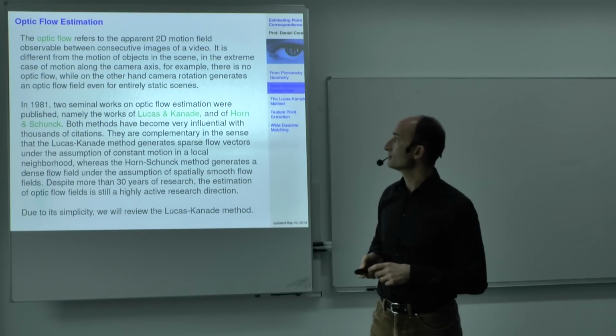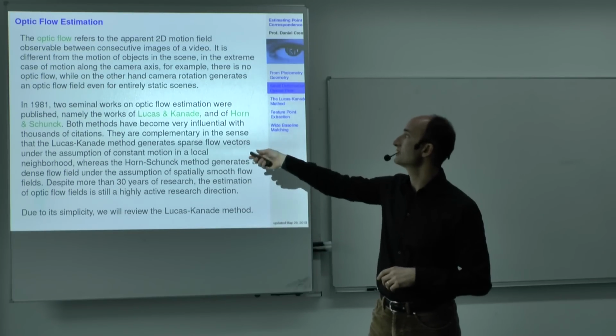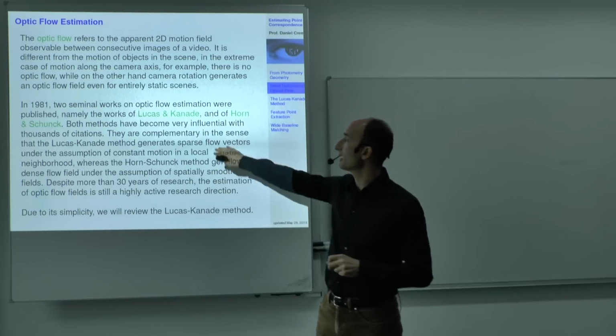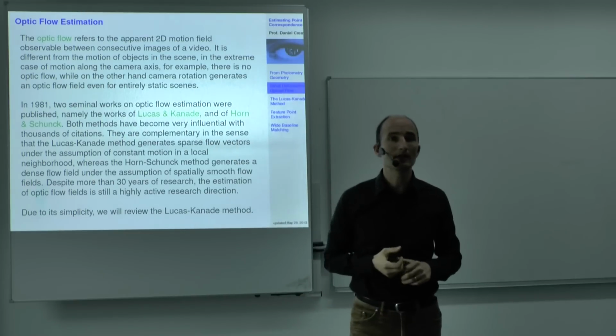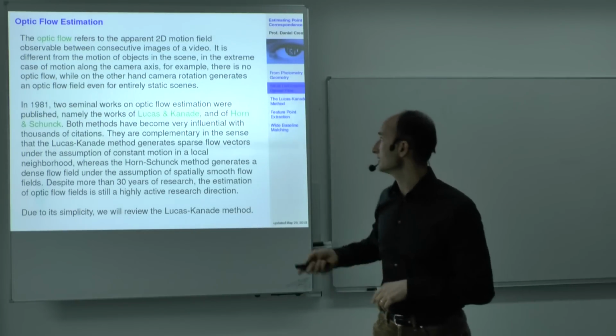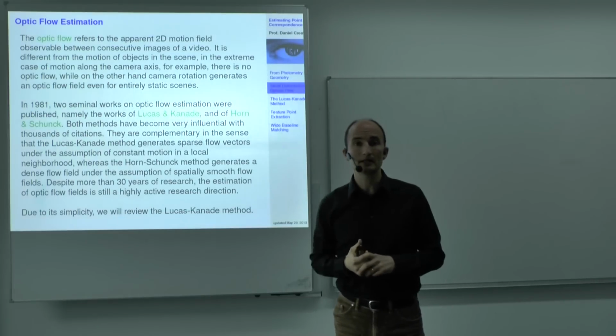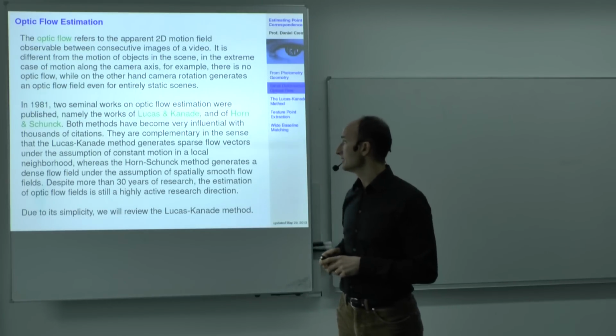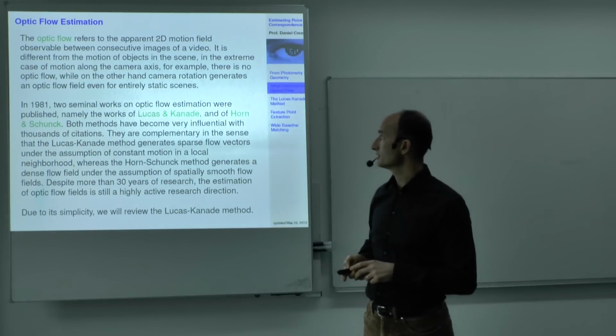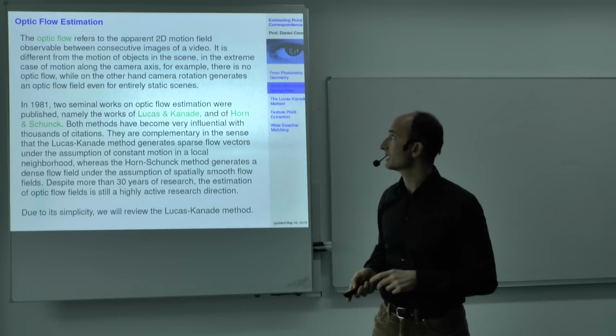So today I wanted to talk about one of these two seminal methods that really pioneered the field of flow estimation, the Lucas-Kanade method and the Horn and Schunck method, published both in the same year in 1981. And today I'm going to talk, as I said, about the Lucas-Kanade method.